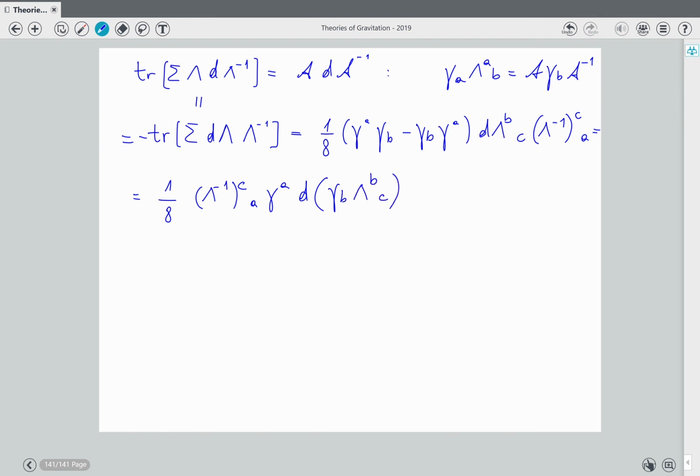I can write it this way because gamma B is constant, so I can place it inside the derivative, and therefore you see that this object is precisely that object, and the same will be for this one because of the relation between lambda minus 1 and lambda itself. Okay. This for the first term. The second term is minus the same thing, so you have a commutator.